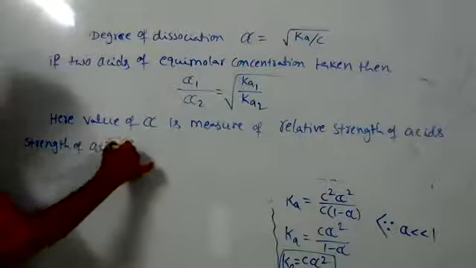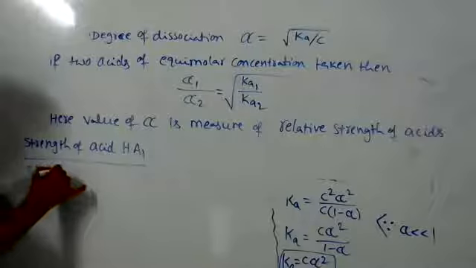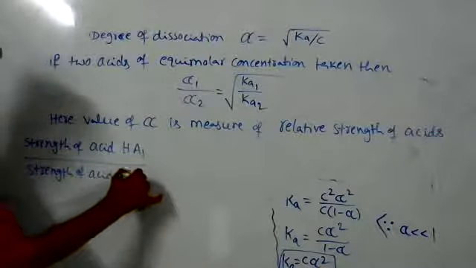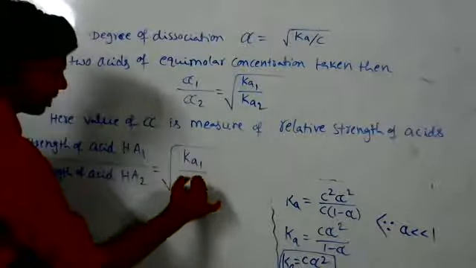Strength of acid HA1 by strength of acid HA2 is equal to square root of Ka1 by Ka2.